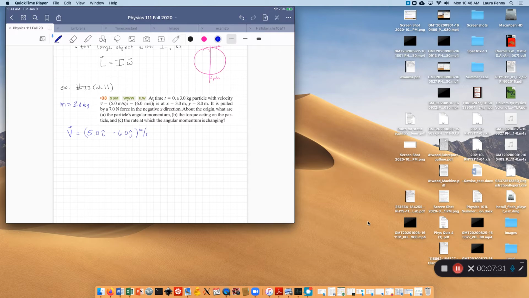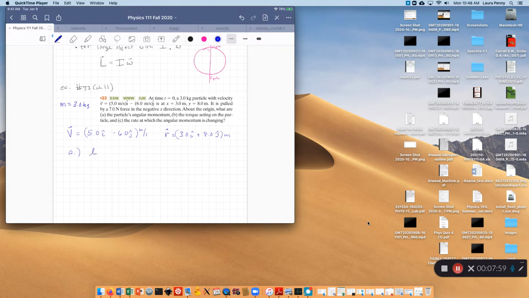And then I'm going to write an R, the position from the origin. So it's at 3 meters in the I direction and 8 meters in the J direction. So that's my R. And I know the mass, so I can do the first part right here.